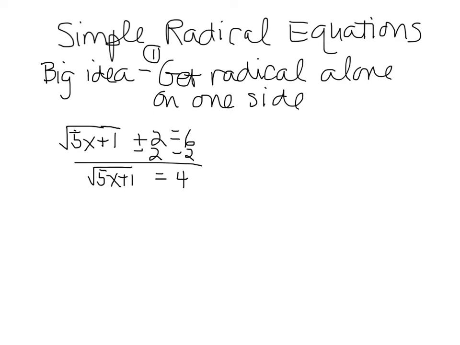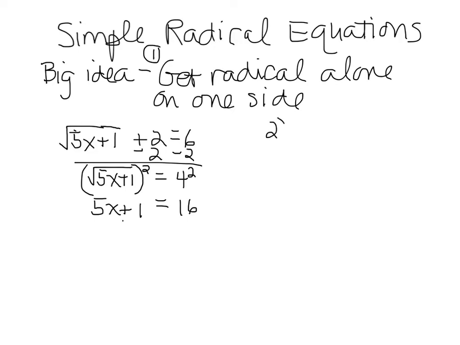Since taking the square root of something and squaring it are inverse, or opposite, operations, the way that I can undo this whole thing, if I've got the square root of something squared, is always that something, in this case 5x plus 1, is equal to 16.